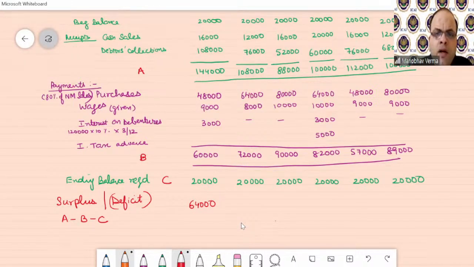And then we have 16,000 on this side. We have a negative number here. What is the negative number here? 64, 16, and then we have 22, I guess. In the month of July, you are having a shortfall of 2,000, I guess.